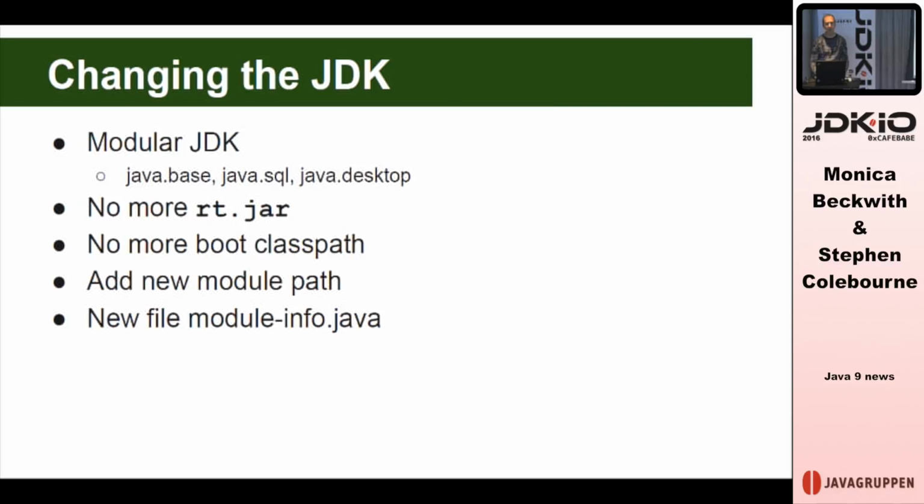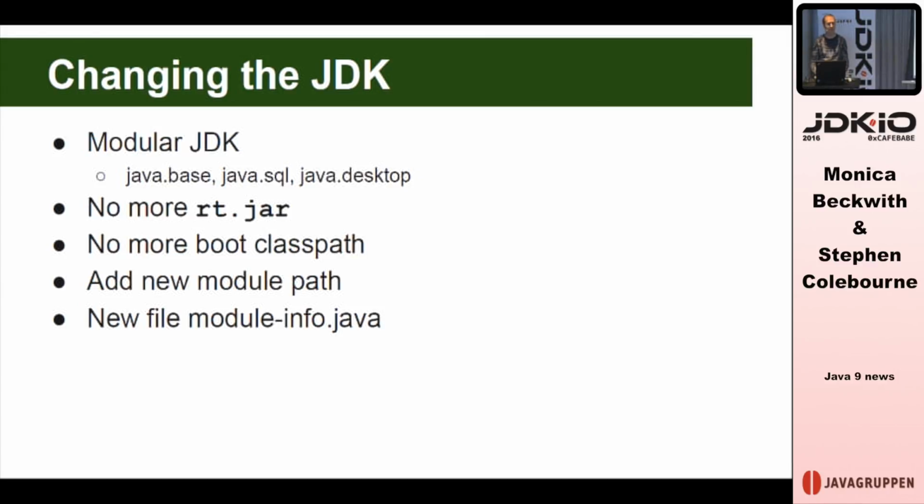But of course, this changes the JDK. So there is no more rt.jar. There is no more single jar file that contains all the classes of the JDK. Instead, you're going to have a modular JDK. So there will be a file representing the java.base module, another file representing the Java SQL module, another one representing Java Desktop, and so on.